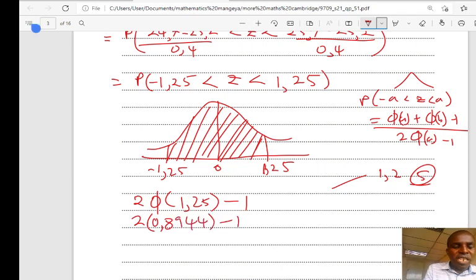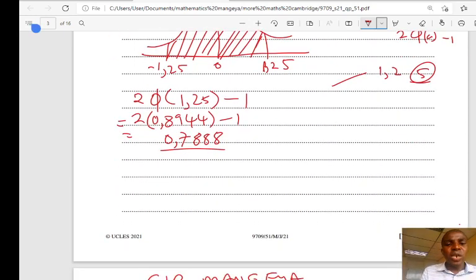So 2 brackets 0.8944 minus 1, you get 0.7888. So this one is the probability or the percentage, which can be called 78.88% of the values.